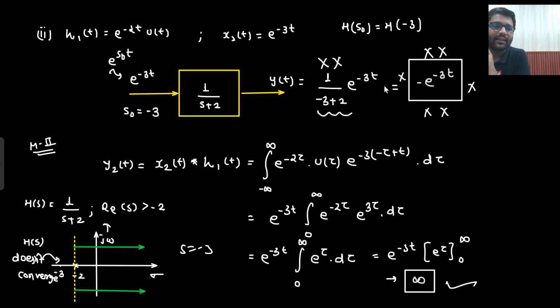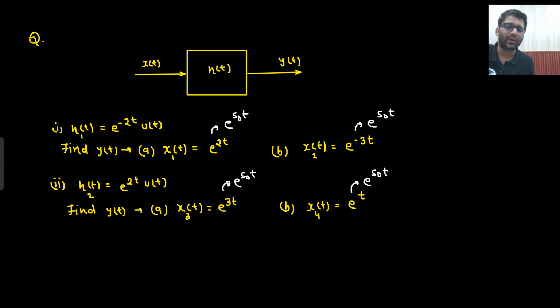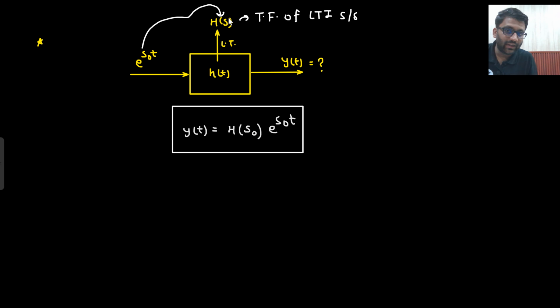So what is the bottom line? The bottom line is your H(s) should converge at s equals s naught, because you are putting that value in H(s). That will be known as your eigenvalue, there is no doubt about that, and this will be known as your eigenfunction.